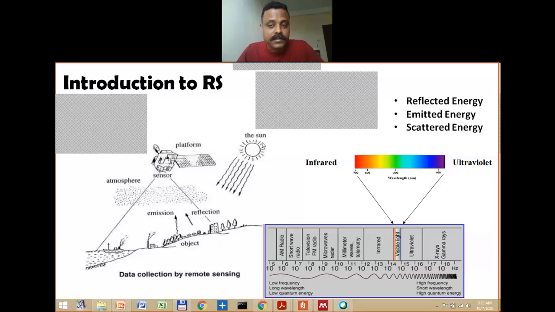If it is blue, it is towards 400 nanometer. If it is any green color that you see in and around, the wavelength will be around 500 plus minus that range nanometer. So that is the story of the visible light.